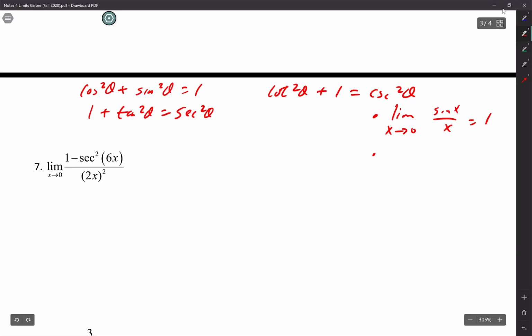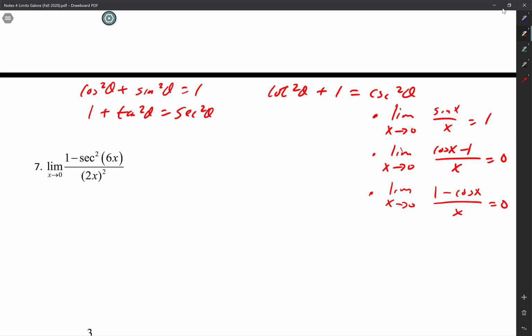We need to know limit as x approaches 0 of cosine x minus 1 over x equals 0. And you can also rearrange the numerator: limit as x approaches 0 of 1 minus cosine x over x equals 0. And those were our special limits that were on that page from limits 2, if you guys remember. Cool or not cool?